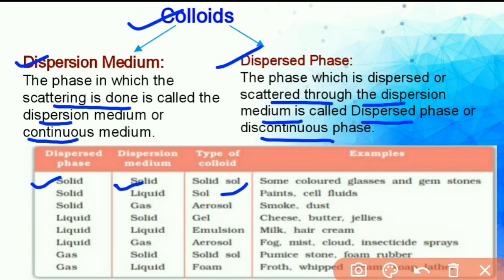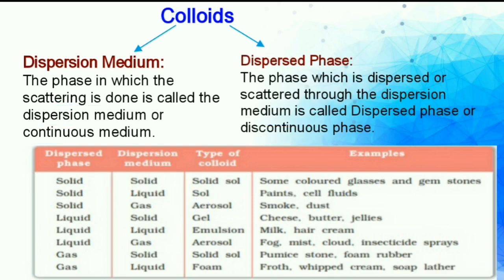Examples are colored glasses and gemstones. When the dispersed phase is solid and the dispersion medium is liquid, the system is called sol. Examples are paints and cell fluids.